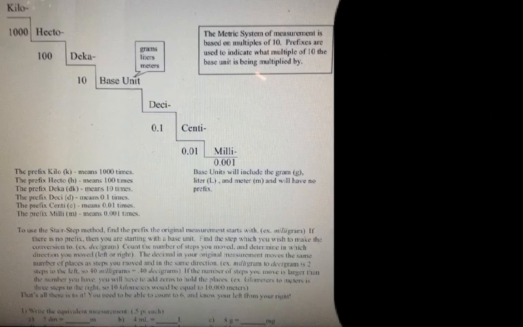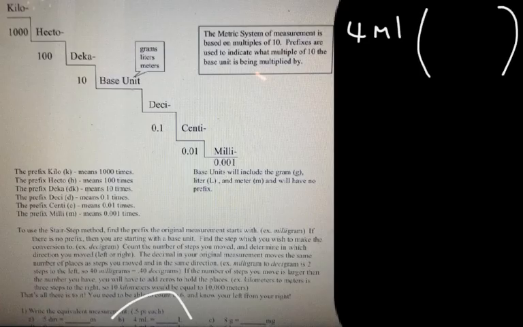In this second example over here, we're trying to change milliliters to liters. So we're given 4 mLs, 4 milliliters. We want to change that to liters. So you put liters in the top, your desired unit. You want to cancel out mL, so you put the same unit in the bottom, mL. Now, what's the equivalency?